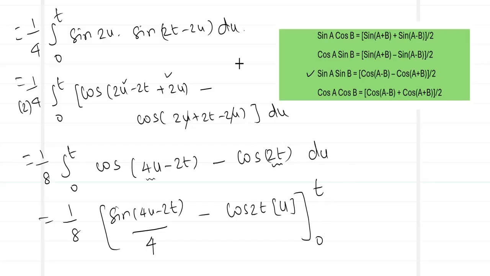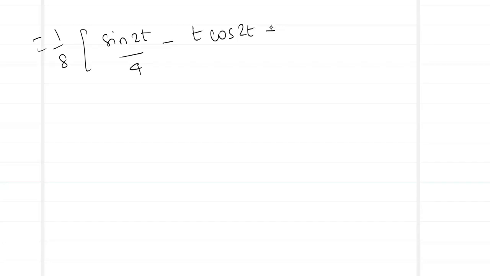So what we will have is 1 by 8 times: sine 2t by 4, the second term will be t cos 2t, and the third term will be sine 2t divided by 4. Okay.